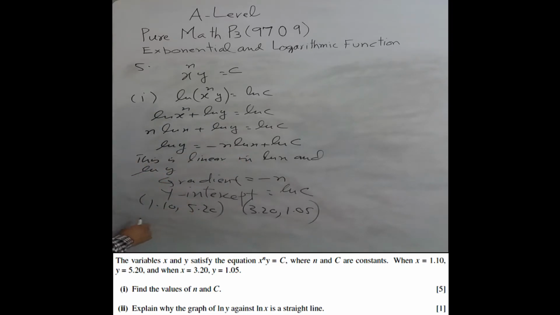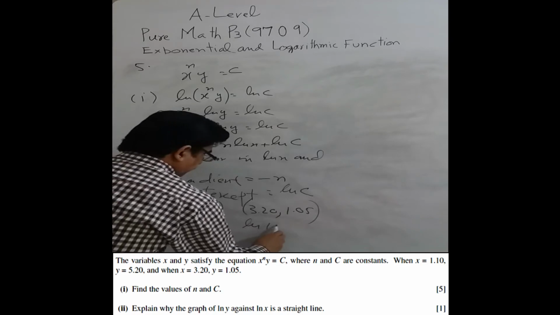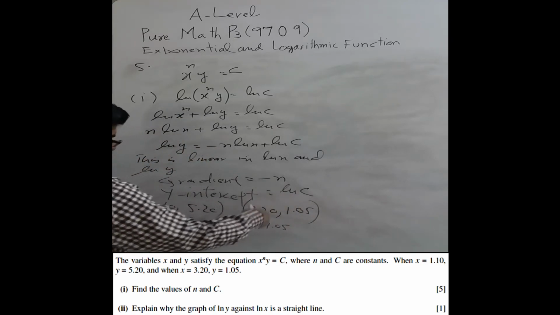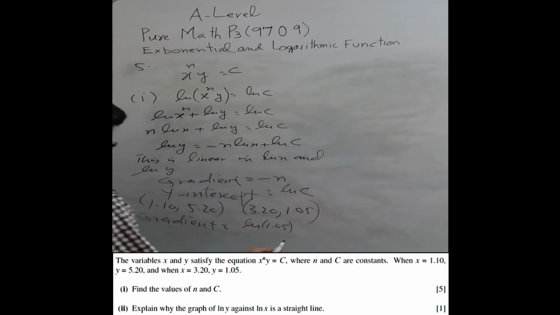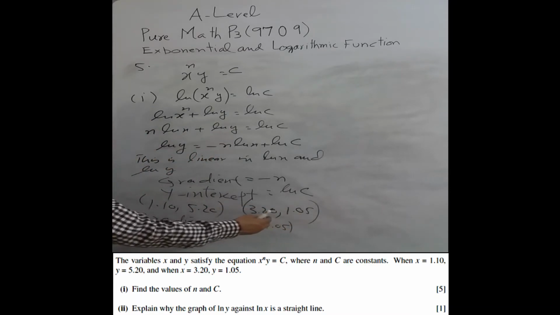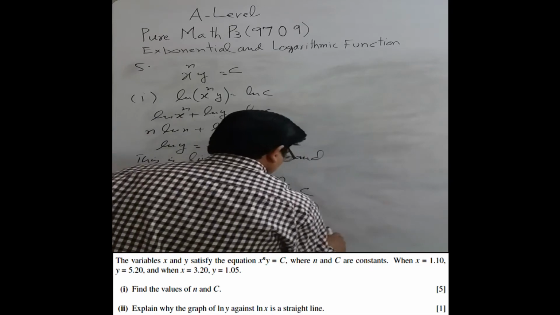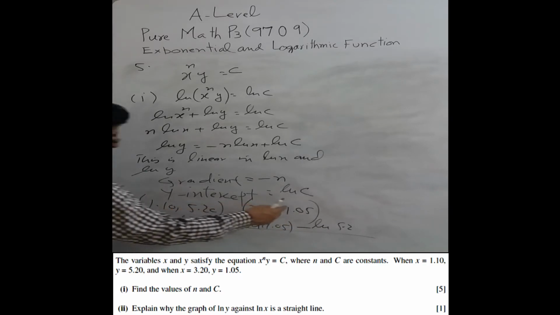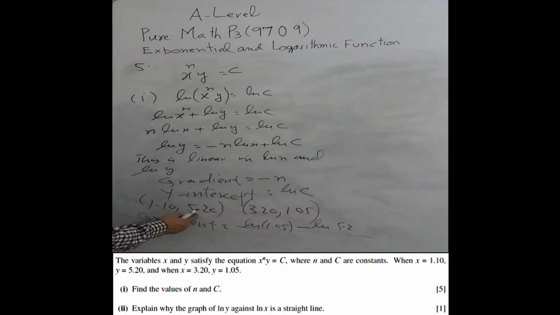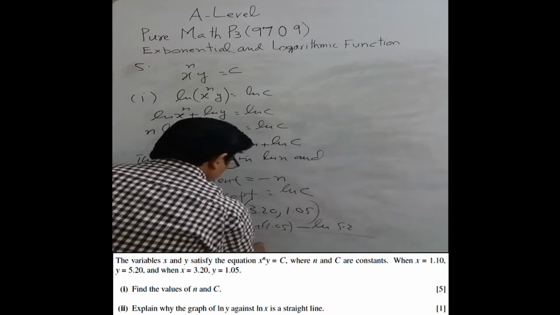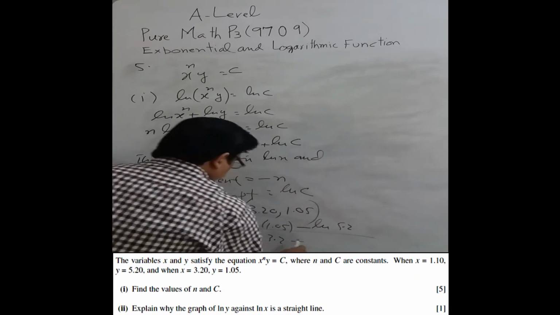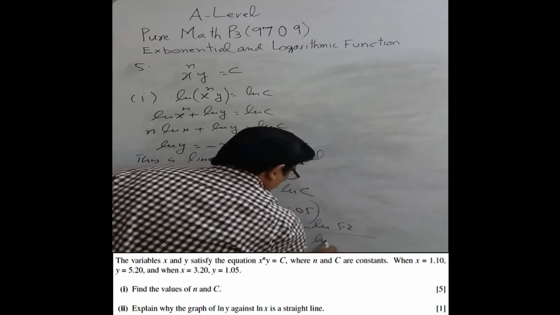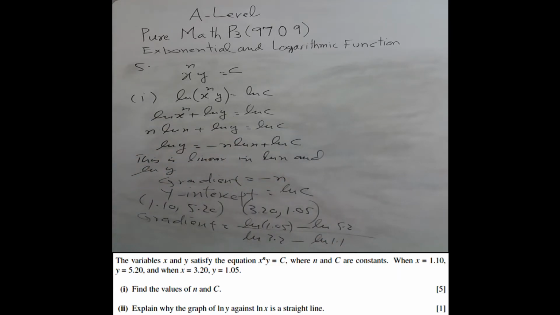So now gradient is y2 minus y1. This is a very important point. Taking this as x2, y2, y2 minus y1 means ln of 1.05 minus ln of 5.2, over x2 minus x1, ln 3.2 minus ln 1.1.